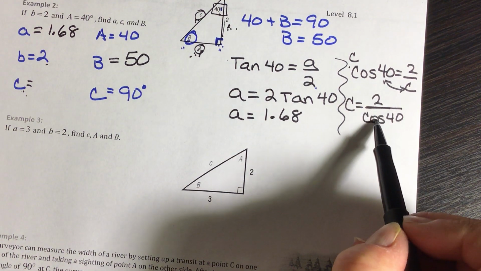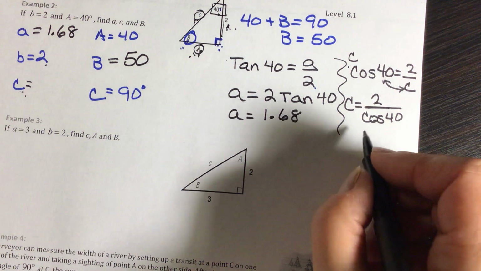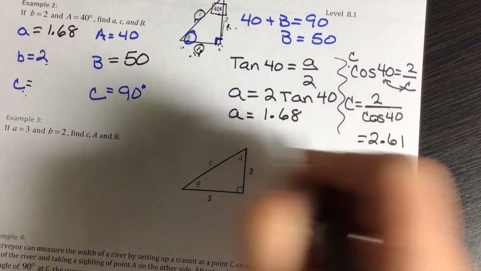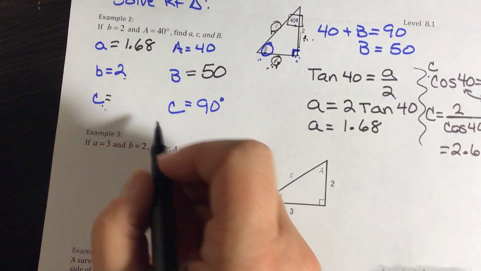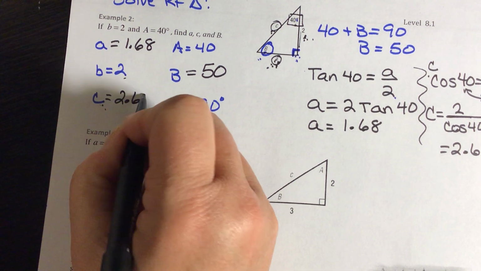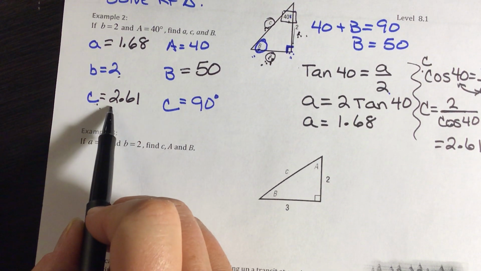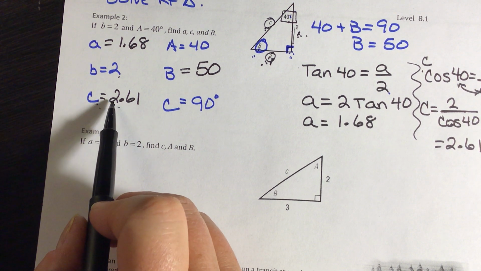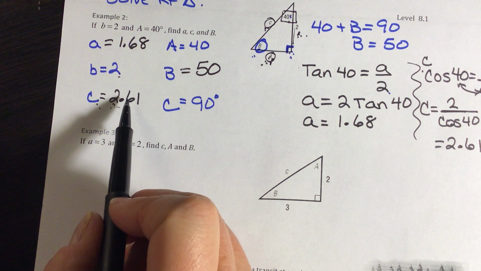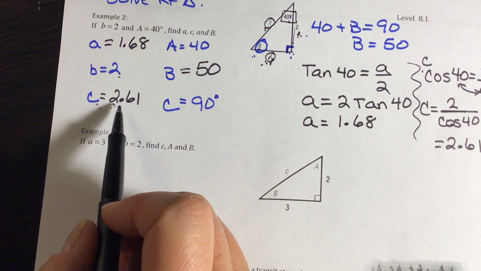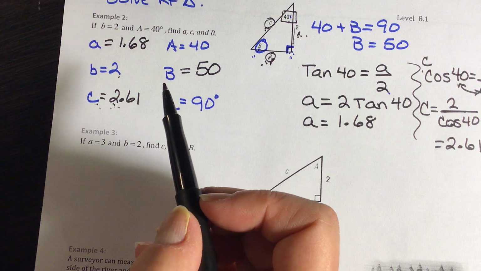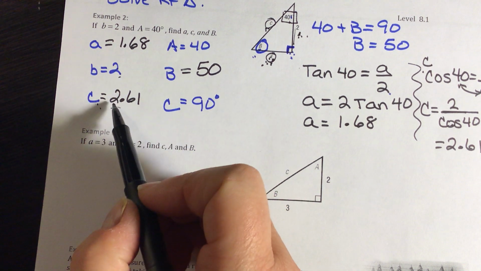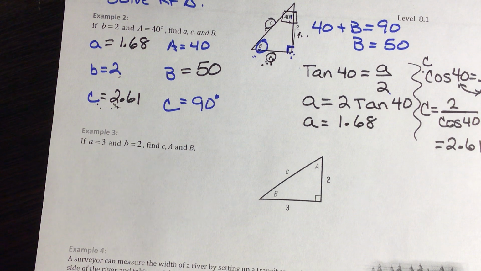Okay, so 2 divided by cosine of 40 is 2.61. And that's my value for side C. Now remember that C has to be the longest side, so 2.61 is the longest, and the sum of these two can't be more than 2.61.